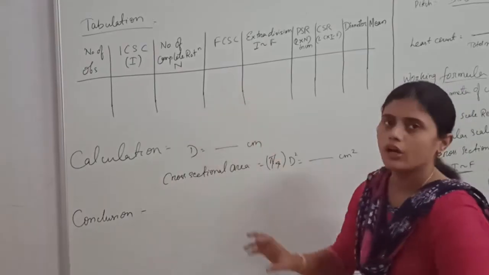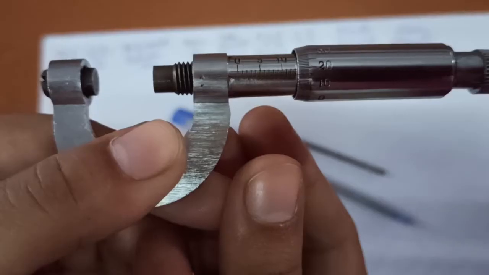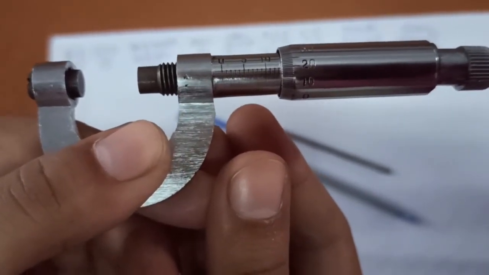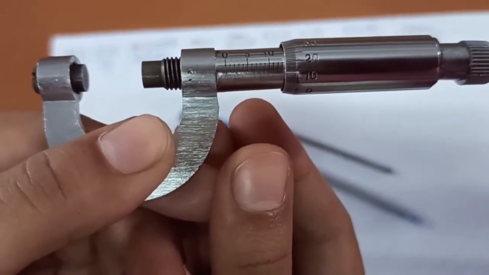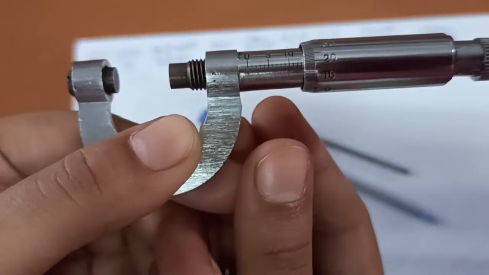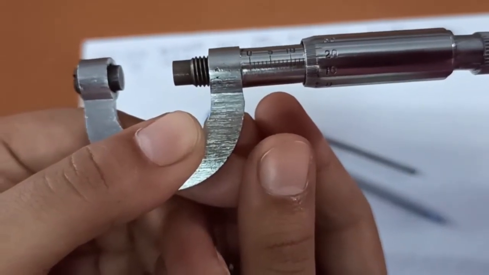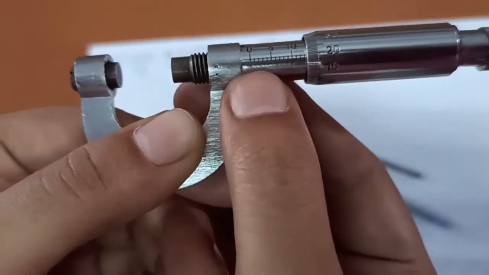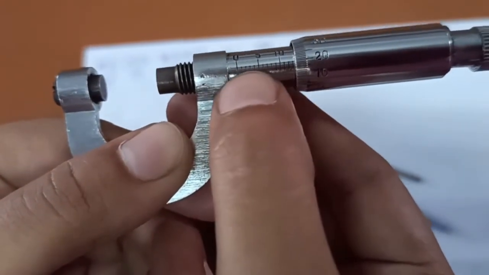Let me show you how you will take the reading. Now we will discuss how we will take the initial circular scale coincidence I, how we will know the complete rotation N, and then the final F. So you see, this is the baseline of the main scale.